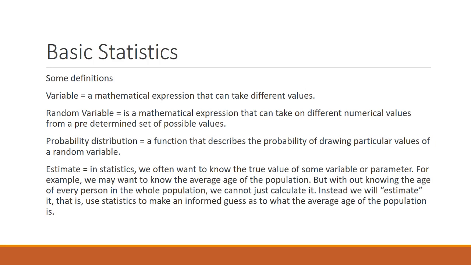All of the variables in our data set are variables. They are mathematical expressions that can take different values for every observation in our data set. The values that the variable might take in any particular situation are drawn from a predetermined set of possible values. Let's say income could be any number between 0 and infinity, for example.